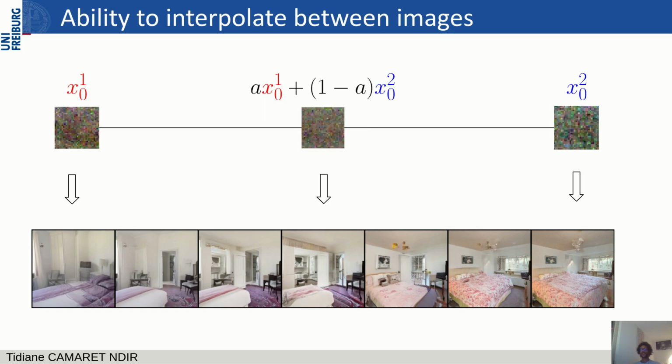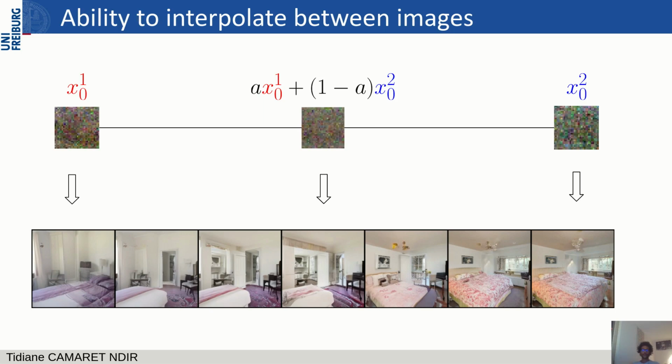But with DDPMs, this process is stochastic, right? So the resulting images tend not to share high-level features with the original images. They tend to either look like a simple pixel interpolation, which is not really meaningful, or to generate completely different images than the two sources when the stochasticity is higher.